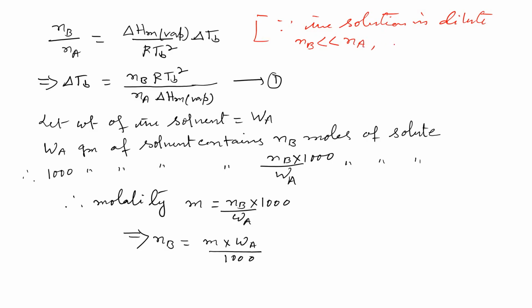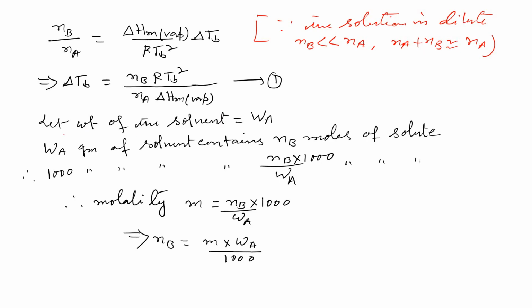So what we can write? That Na plus Nb is almost equal to Na. So from here we can write delta Tb will be equal to Nb into RTb square divided by Na delta Hm vaporization. This is my equation number 1.